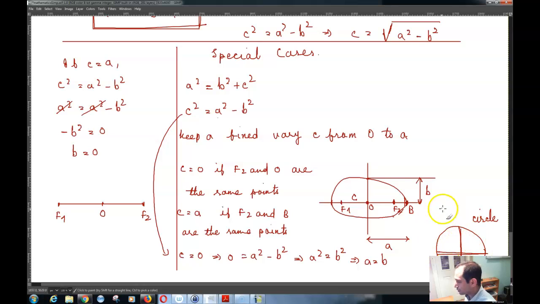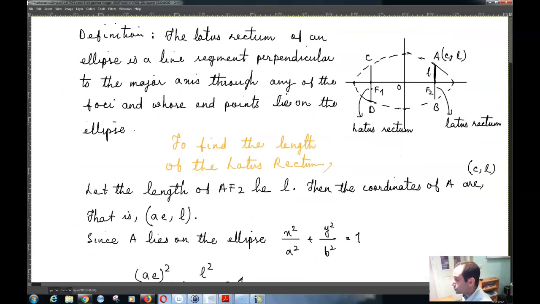Either you will get a circle if your foci go all the way up to the center, or if your foci go all the way up to the endpoints of the major axis, then you will get just a line segment basically. Okay, so far we have no problems.